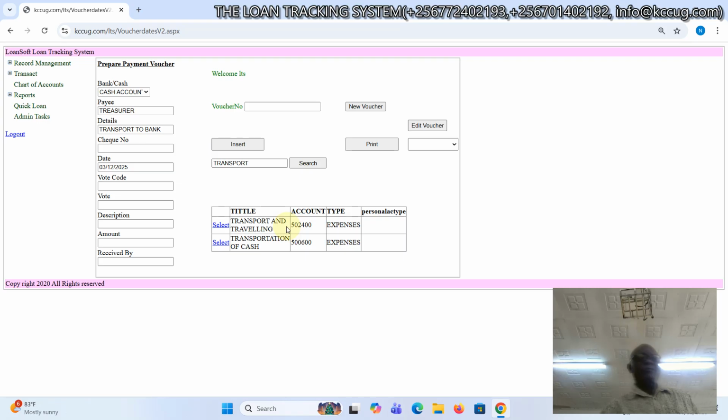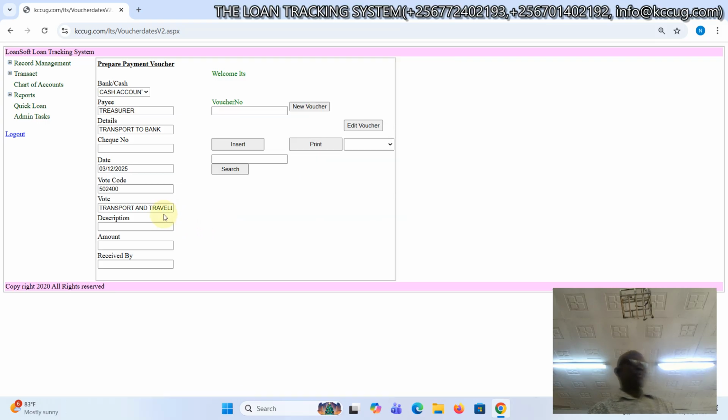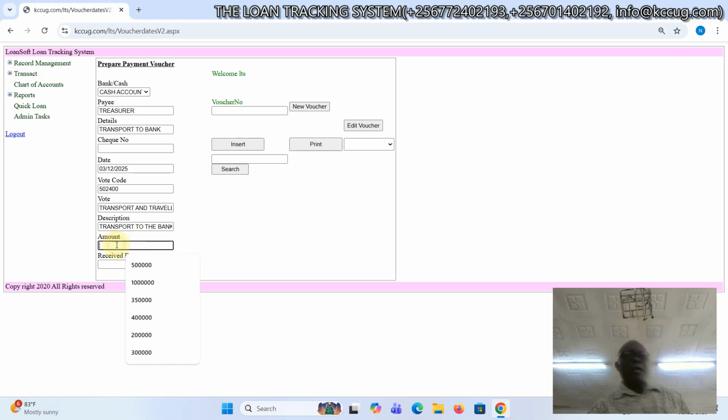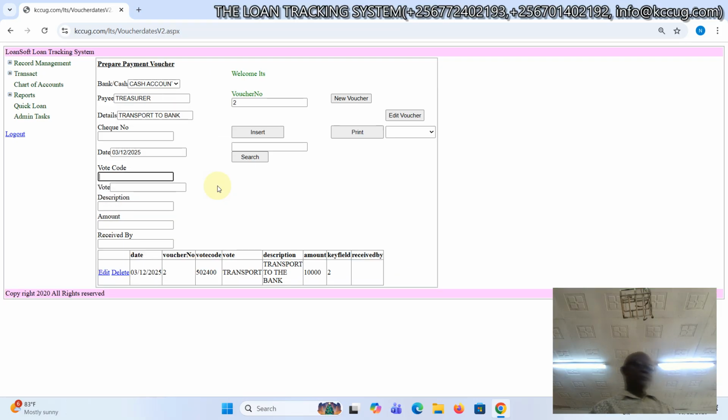There is transport and travel as an expense. Click. How much money? Transport, bank. How much money? 10,000. Okay.